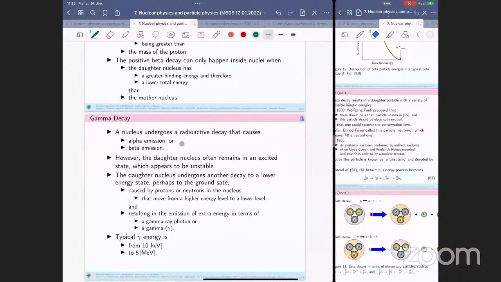Whether you have alpha decay that releases the helium-4 nucleus, the alpha particle, or you release the positron or the electron, the beta particle, once the nucleus is converted by any process, whether beta plus decay, beta minus decay, or alpha decay, the nucleus will not become stable immediately, because it still absorbs the energy.